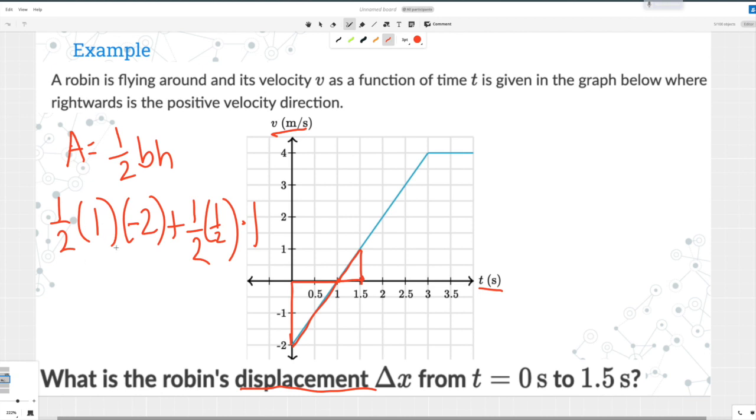So we can cancel out, that'll be -1 plus 1/4, giving us -3/4, which makes sense because the area of this triangle is way bigger than the area of this triangle. So it makes sense that it should be more towards negative.